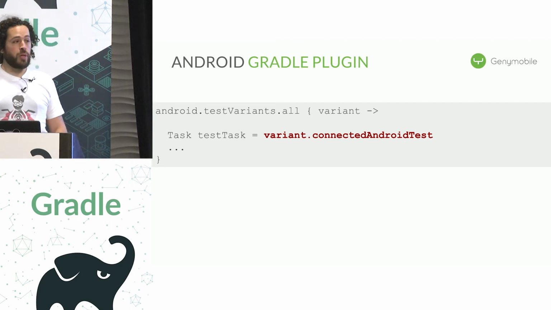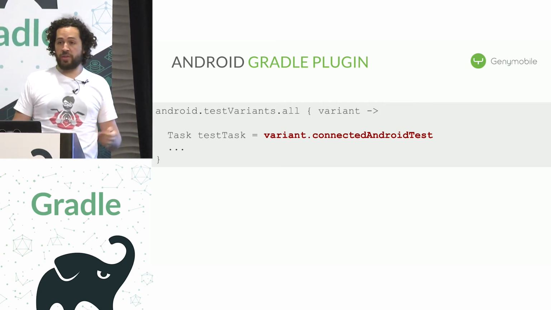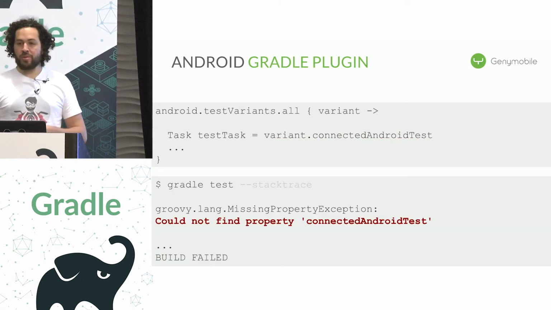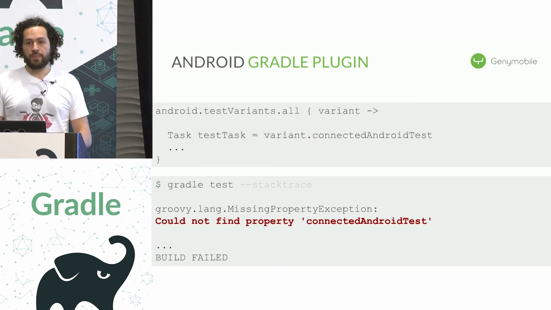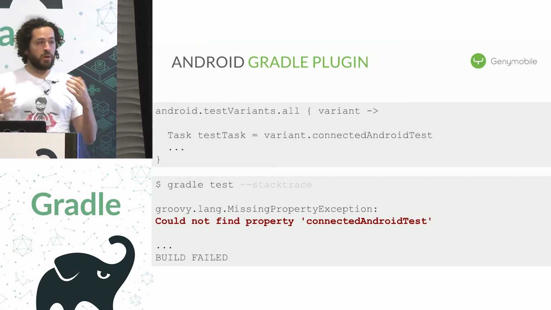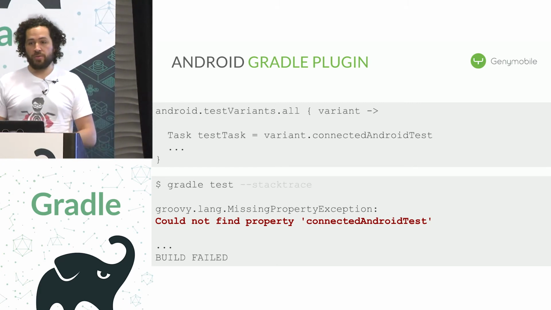And the documentation told me that the property on the variant is called connectedAndroidTest. Okay, so I used this one. And then I ran my tests, and I saw that actually this property doesn't exist.